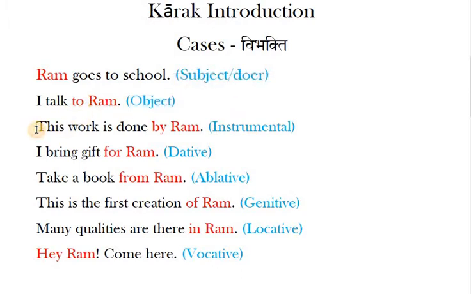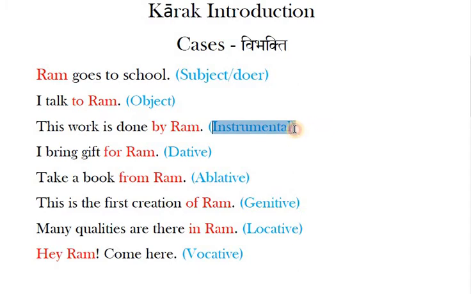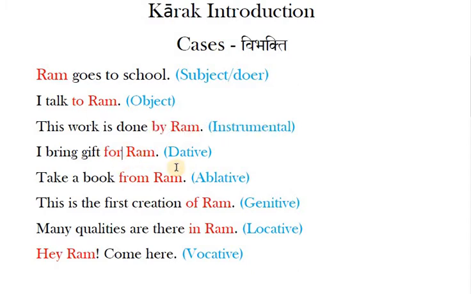Read sentence number 3. This work is done by Ram. In this sentence, the preposition by is used before Rama, so that is called instrumental. I bring gift for Ram, here for Ram is a different preposition, so it is called dative case.